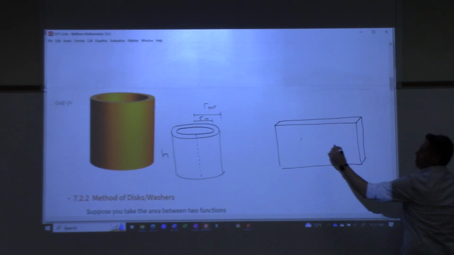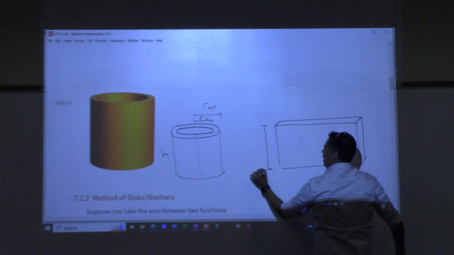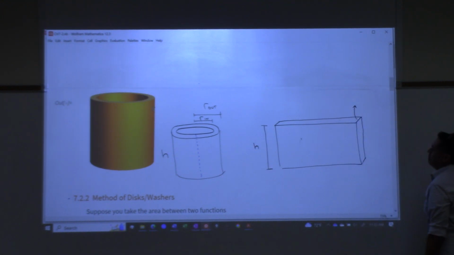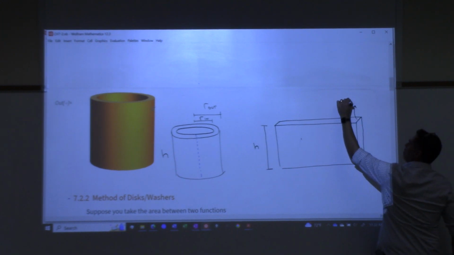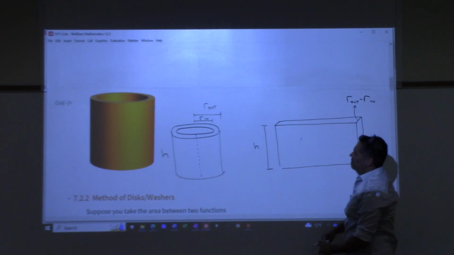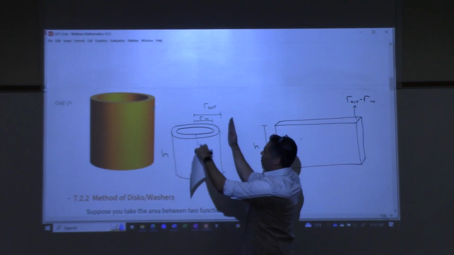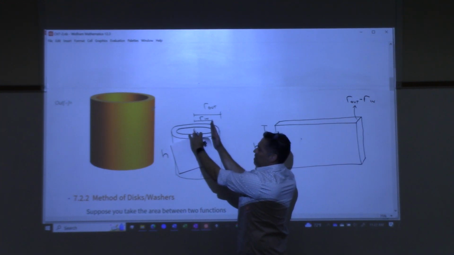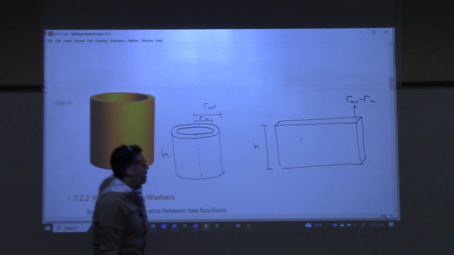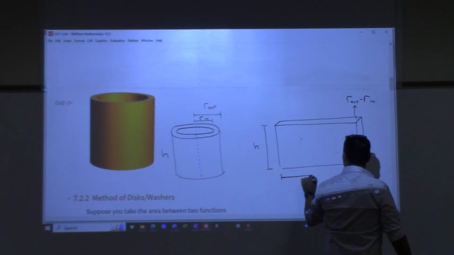Now, how tall is it? H. Okay, what is this thickness here? R out minus R in, right? That's this thickness, which is however big this was, take away the inside one. The only thing left for us to do is figure out how long it is.